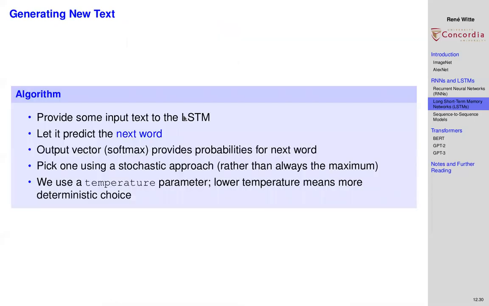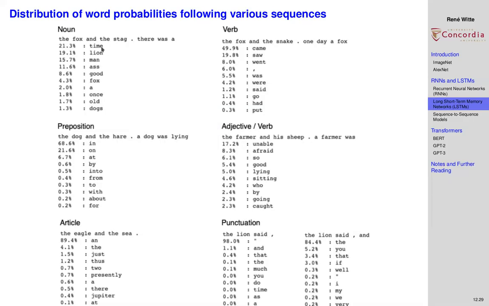So just to make this a bit more interesting, there are various tricks people use to not always pick the most likely word, but possibly the second most likely one, and tricks to avoid having repeated sequences all the time.